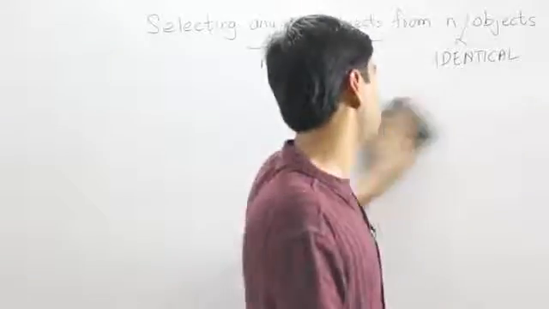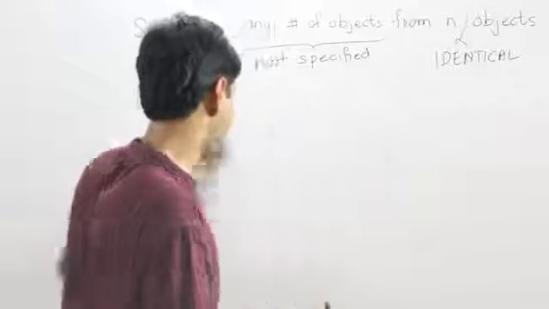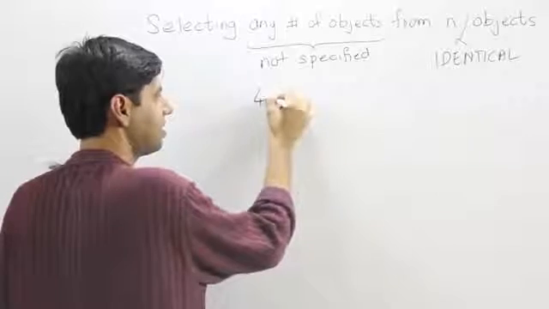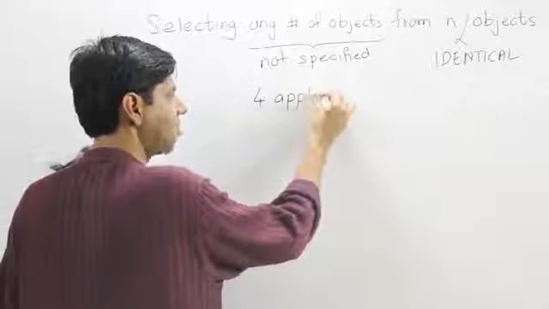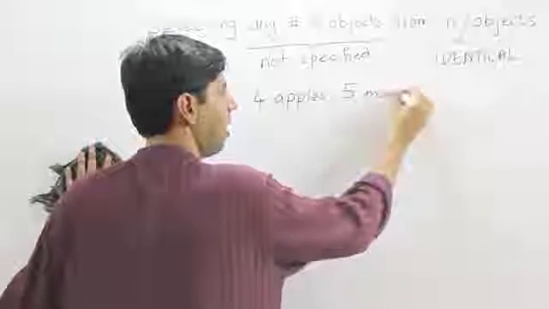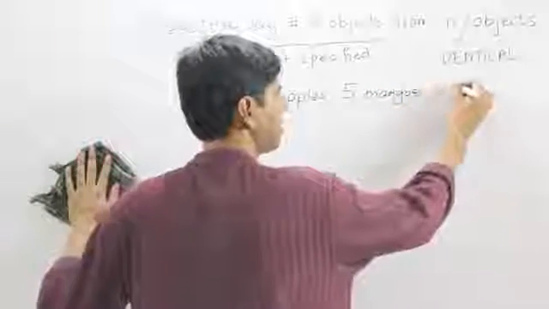So let's do a question out over here. A fruit seller, let's say, has 4 apples. So this is the last stock left, 4 apples, 5 mangoes, and let's say 6 chikus.